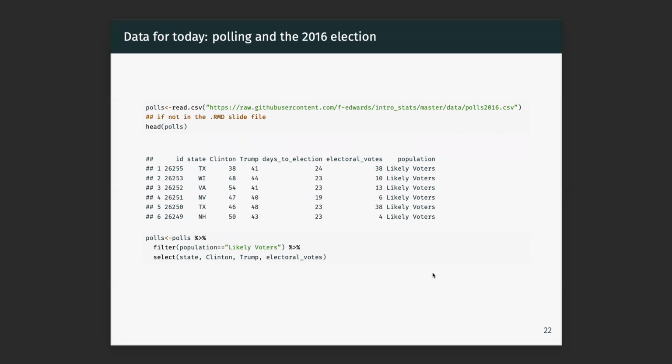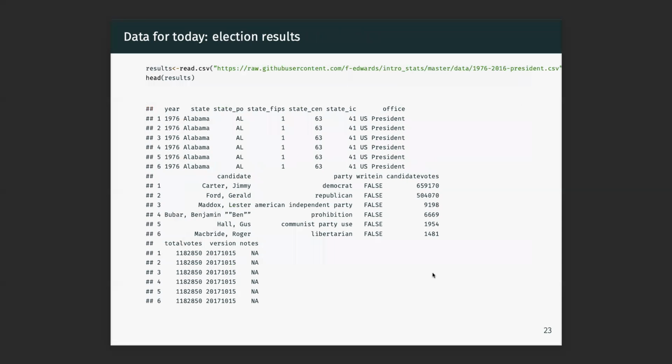In order to do that, we need to take our polling data by state and join it onto the actual election results. Right? We need two pieces of information to assess how accurate the polls were. We need what did the polls predict, and then what actually happened. And once we have those two things together, we can ask the question of how accurate were the polls? How wrong were they? In this case, they were very wrong.